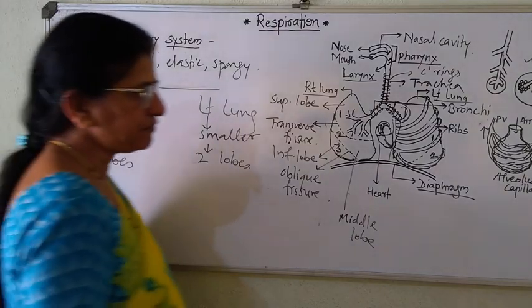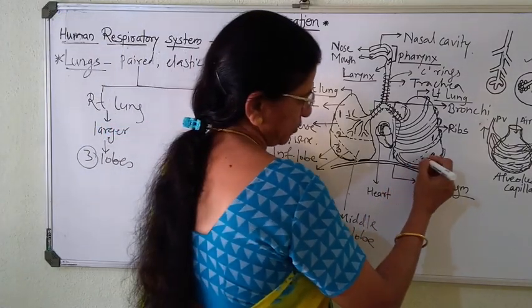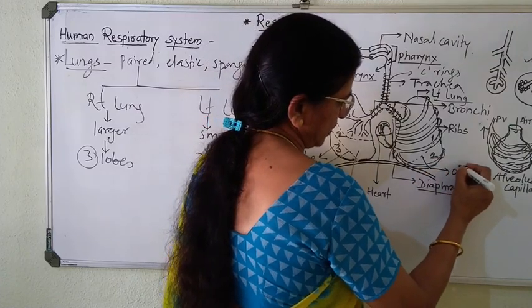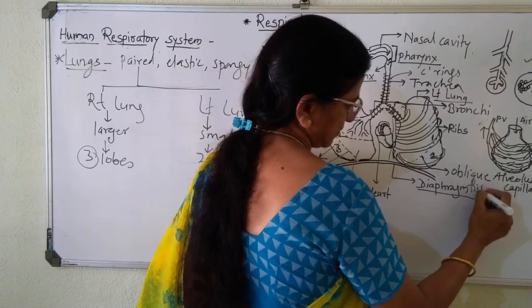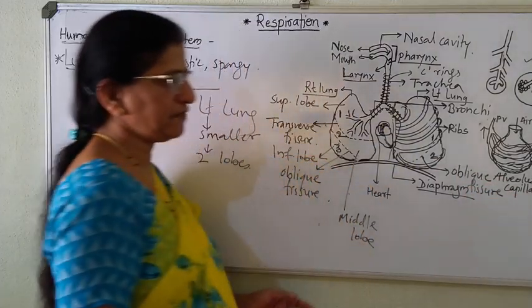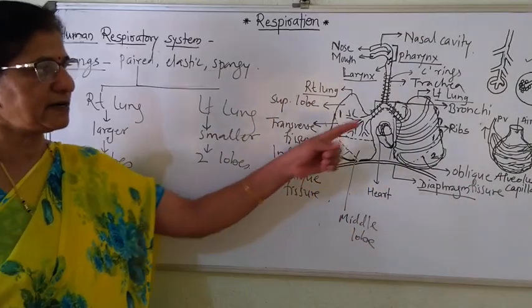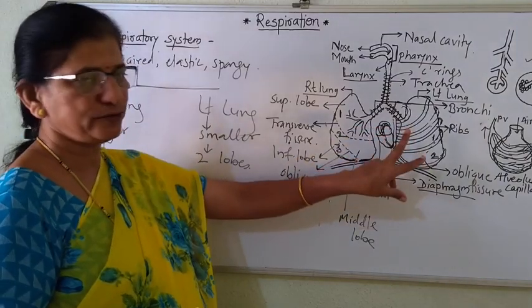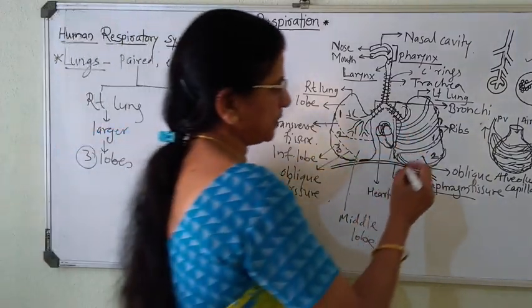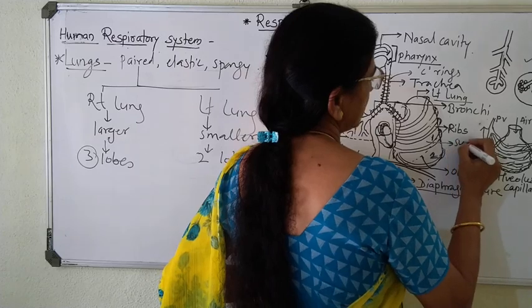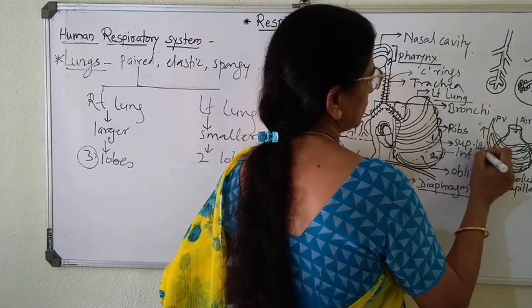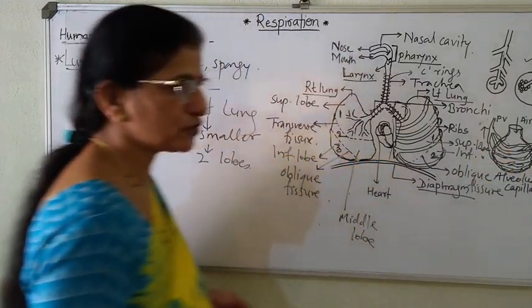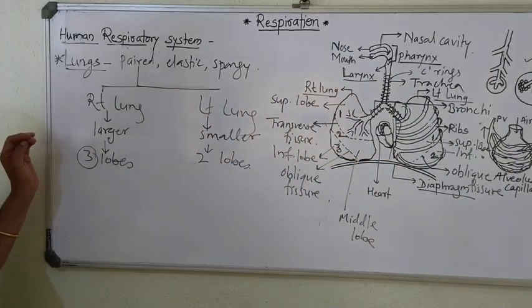Similarly, in the left lung also, one fissure is present, known as the oblique fissure. This oblique fissure divides the left lung into two regions, the upper superior lobe and the lower inferior lobe. Only two lobes, superior and inferior.